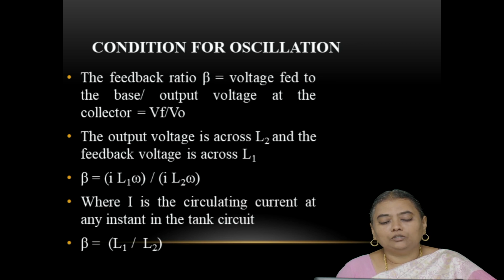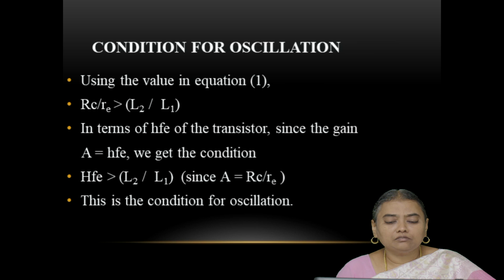So, we get beta is equal to L1 by L2. Using this value, we can write RC divided by RE is greater than L2 by L1. In terms of HFE of the transistor, since the gain A is equal to HFE, we get the condition HFE is greater than L2 divided by L1, since A is equal to RC divided by RE. This is the condition for oscillation.